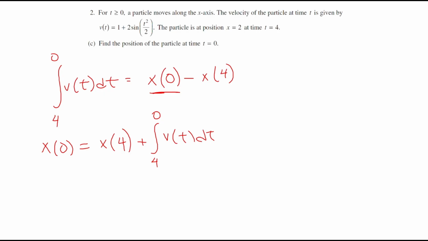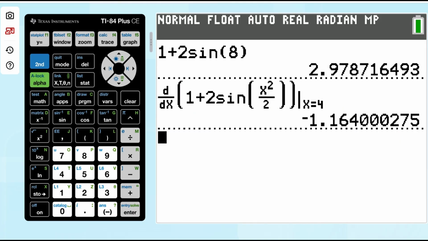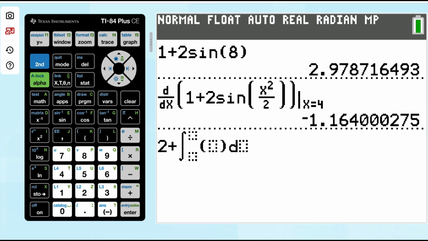And we'll just put that all into our calculator. X of 4 is just 2. So we're just going to do 2 plus this integral. So we'll go out of our graph here. We'll do 2 plus, and then math, option 9. And then our limits are going to be 4 to 0.